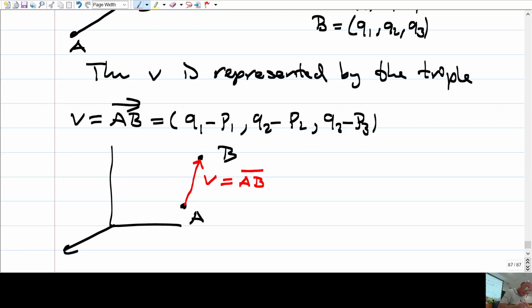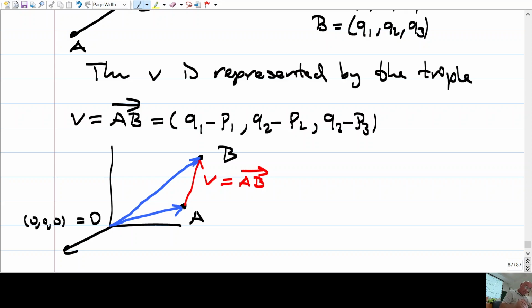You see, if I draw these vectors from the origin, suppose the origin is the point O. It has coordinates 0, 0, 0. A and B have coordinates the Pi's and Q's.